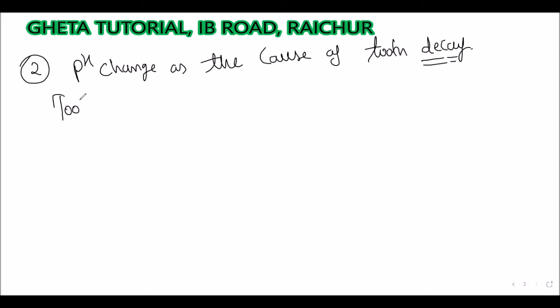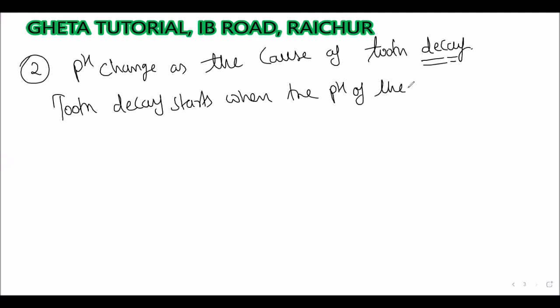So when will tooth decay start? Tooth decay starts when the pH of the mouth is less than 5.5, or we can say lower than 5.5.